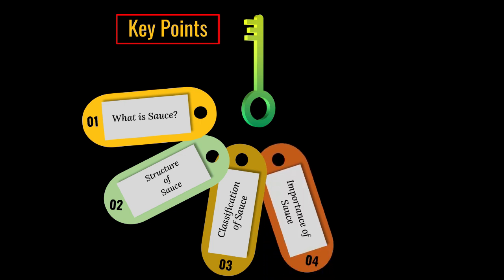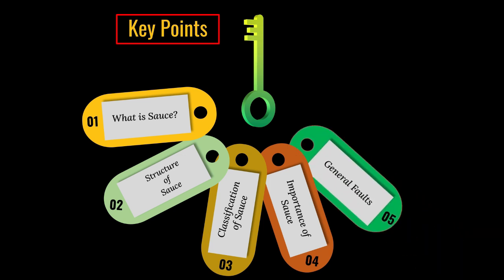Then the importance of sauce: why we make sauce, why it is so important along with the food, especially in the culinary world. So that also we are going to discuss. Our fifth point will be general faults, because whenever you prepare sauce, there is every possibility that in many steps you may find some challenges, and as a result some faults will occur.